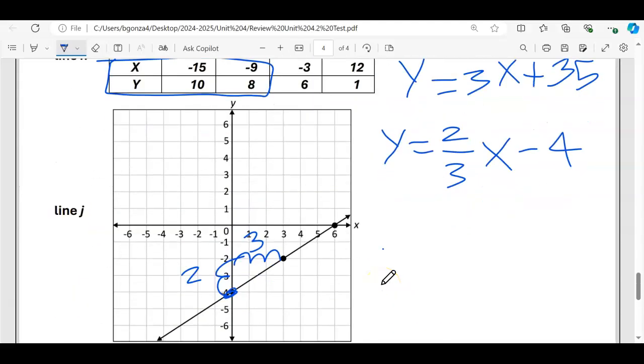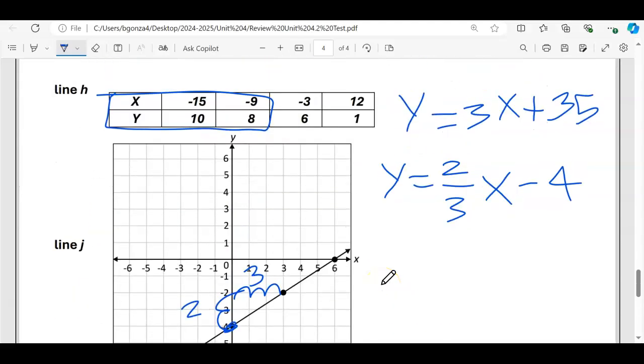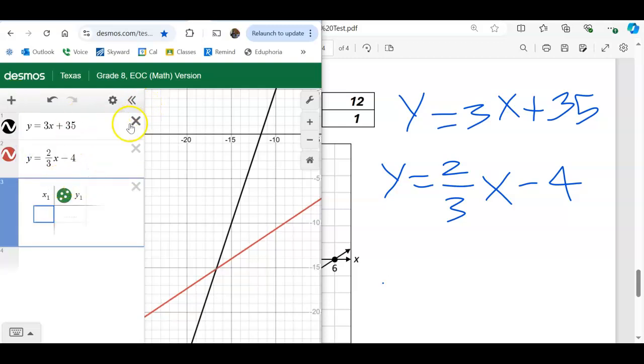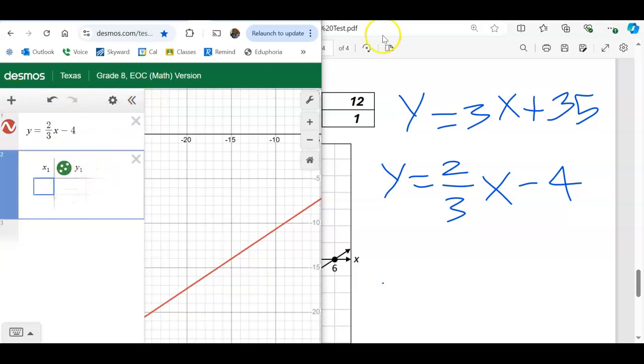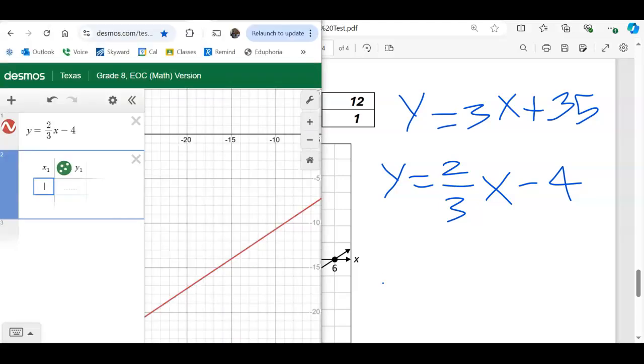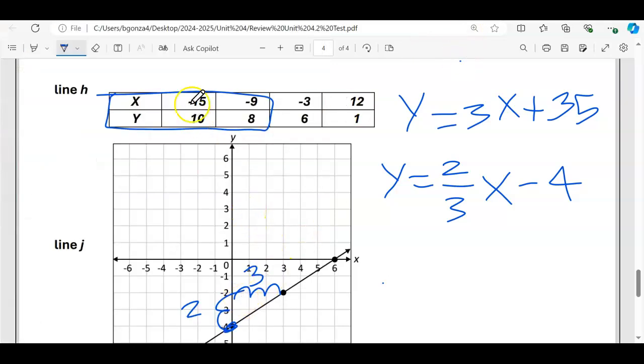that's not right. Well, let's go back. So our table was what? Negative 15, 10. And then the other one was negative 9, 8.